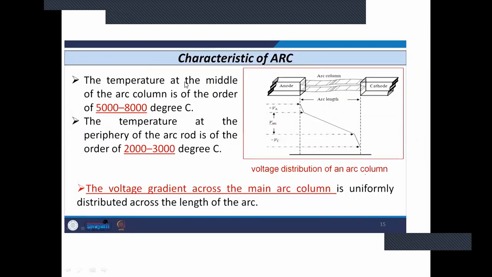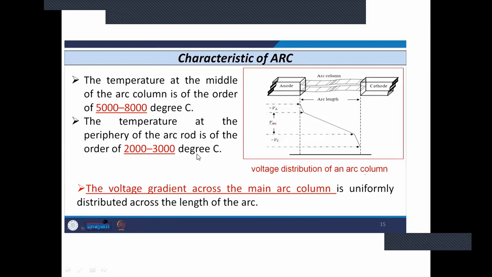The temperature at the middle of the arc column is of the order of 5,000 to 8,000 degrees C. This huge amount of heat should be avoided. The temperature at the periphery of the arc rod is of the order of 2000 to 3000.